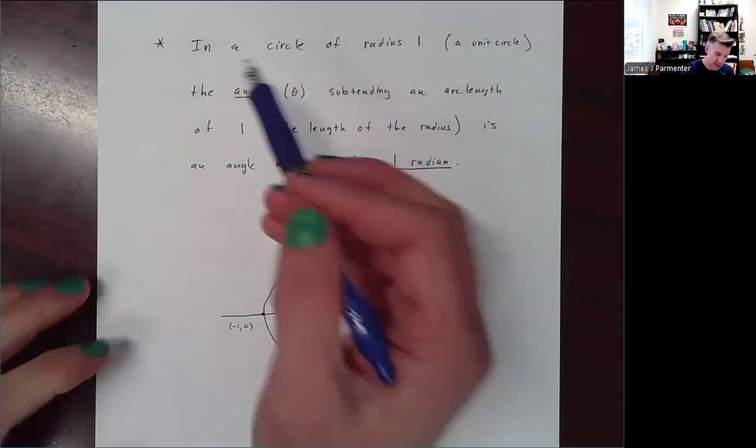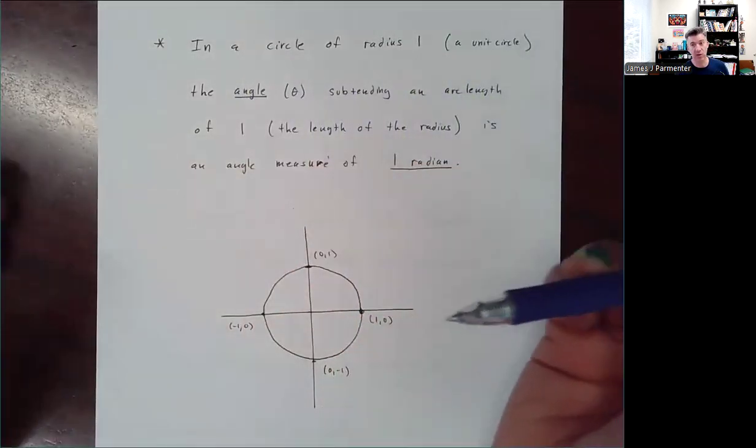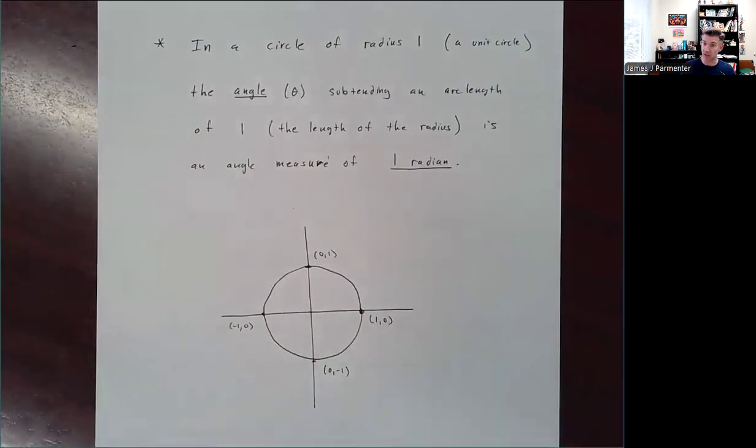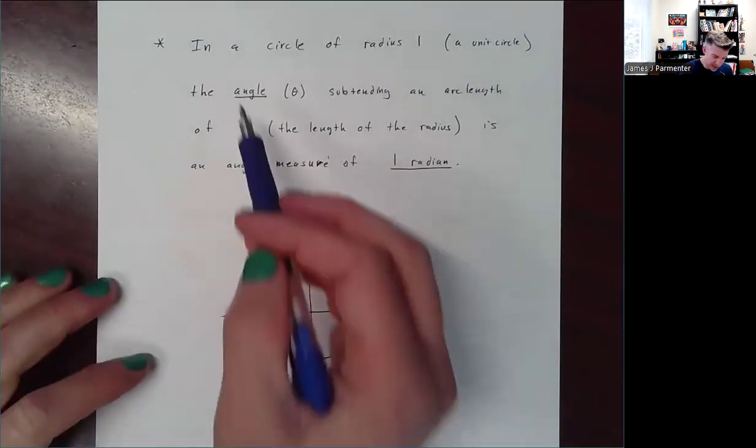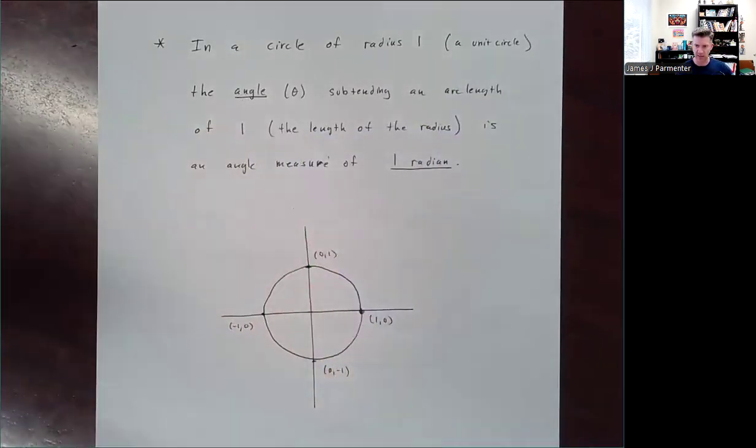So, in a circle of radius 1, which is a unit circle, and really you could use a circle of any radius, but it's convenient to use a circle of radius 1, consider the angle theta subtending an arc length of 1. So what does that mean, subtending an arc length of 1?